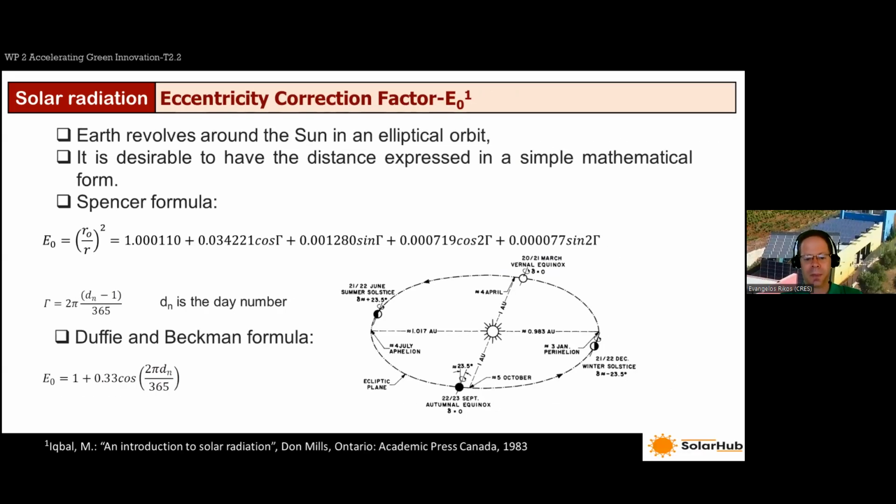And this variation, because the Earth orbits in fact in an elliptical orbit around the sun, depends on the location of the Earth during the year. So the most distant time is around summer, as you can see, around the 4th of July. And the time where the Earth is closest to the sun is around December.